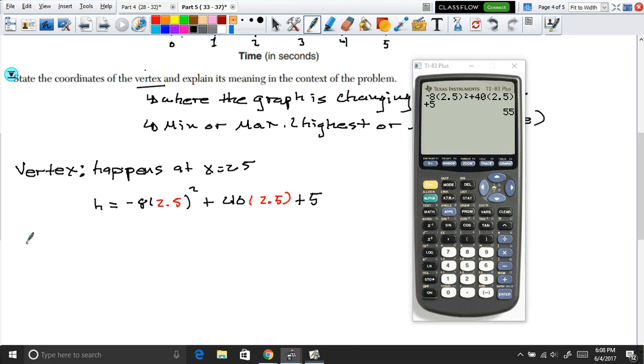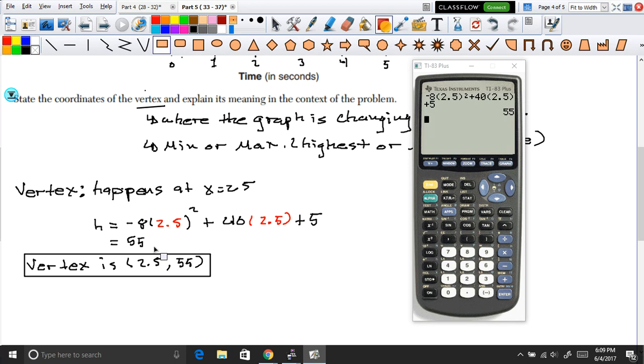So that means that the vertex happens when x is 2.5. At 2.5, comma, 55. So this is our vertex. The vertex is right here.